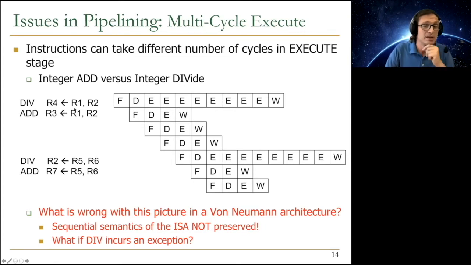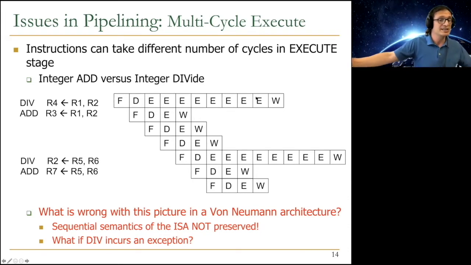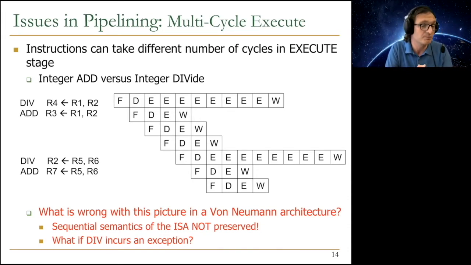Now, this is a problem, and we should really handle it in sequential order in the von Neumann architecture. But what we've done in this pipeline is we've finished other instructions and they've updated the register file. Now, the problem is we should really have stopped when we figured out that divide had an exception. Why? Because this is a problem, right? You should not really continue execution if one instruction really faulted.